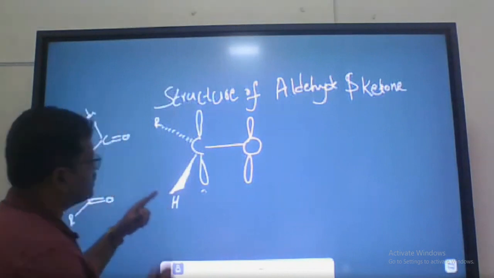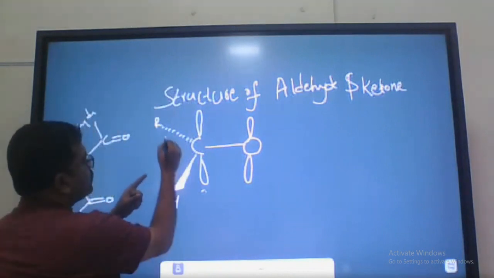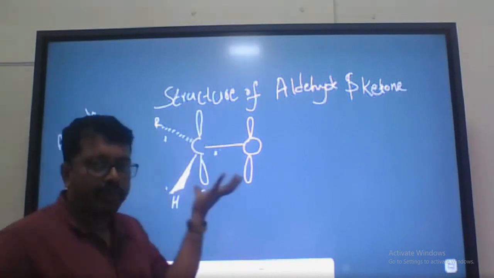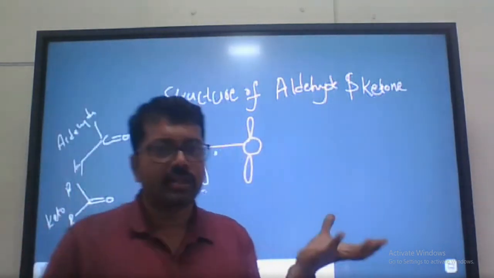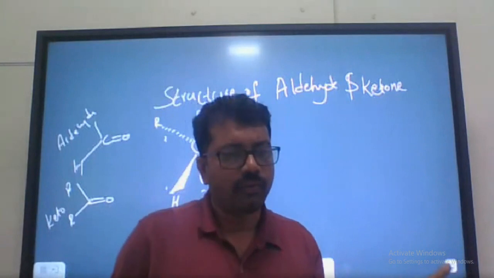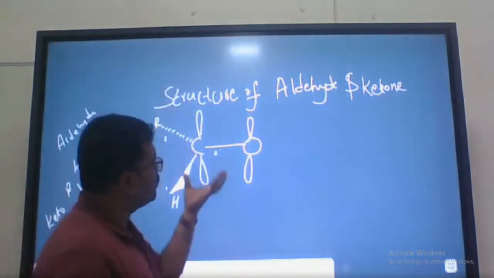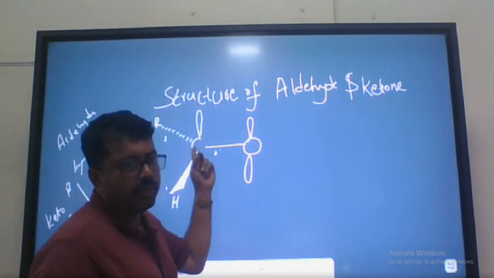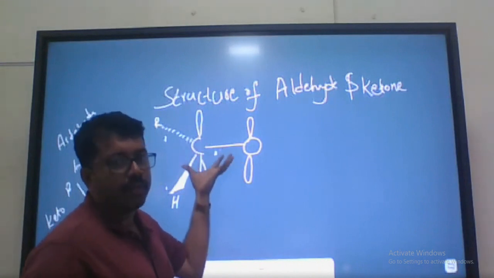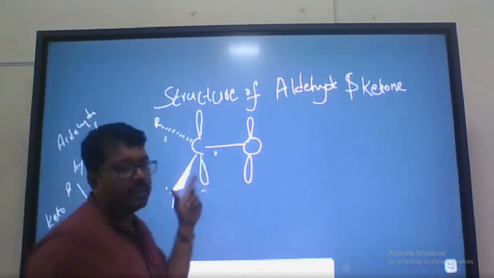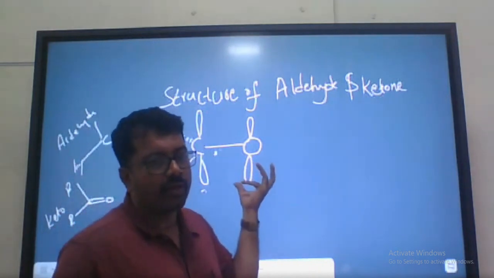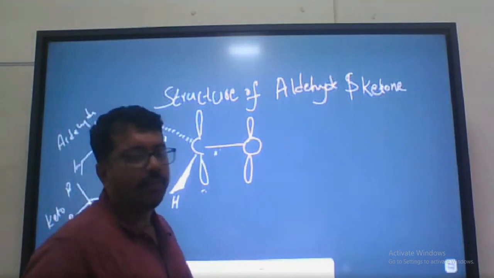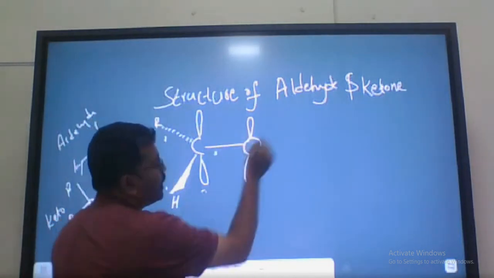The fourth valence, see this one, this two, this three, the fourth valence is empty. The fourth valence electron of carbon remains in its p orbital and forms a pi bond.